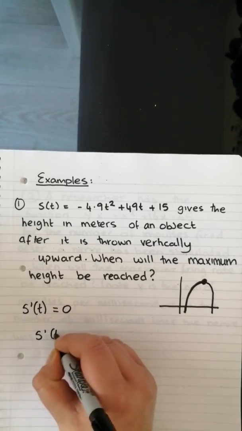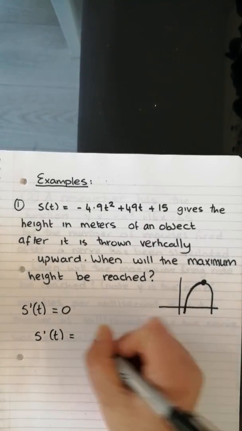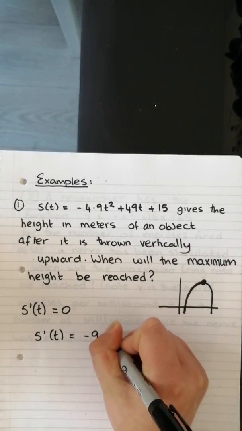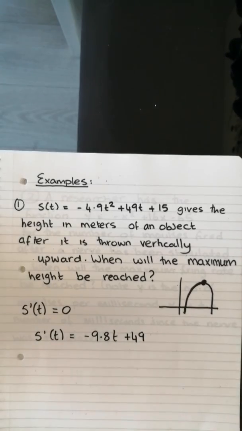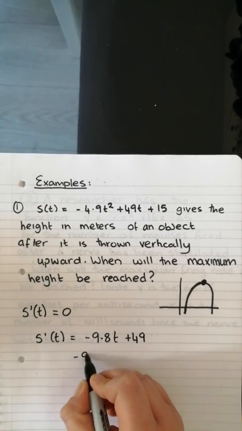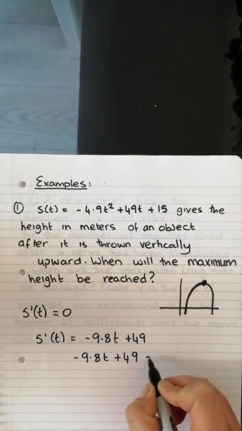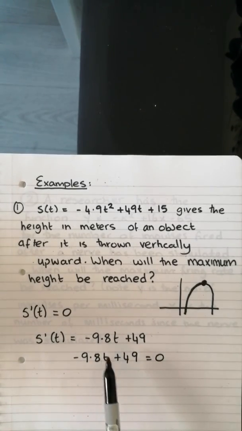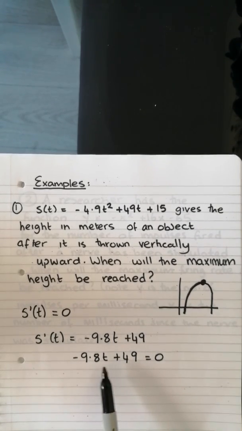When we differentiate s, we get s prime of t equals minus 9.8 times t plus 49, and we set that equal to 0. Notice that this is linear, the highest power of t is 1, so we're just going to have one value for t.